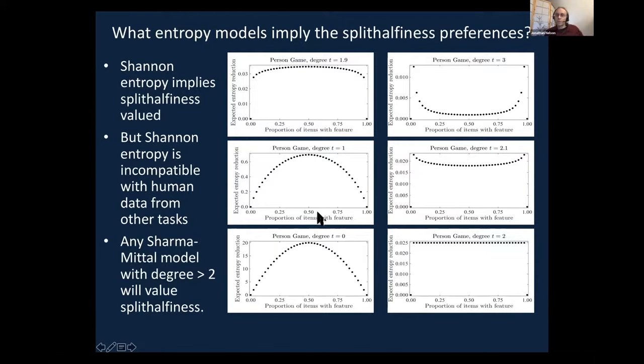Okay, so these results would suggest that maybe some model with degree up to but not quite 2 would be a reasonable candidate, and we could of course see if something explains people's intuitions across multiple tasks.